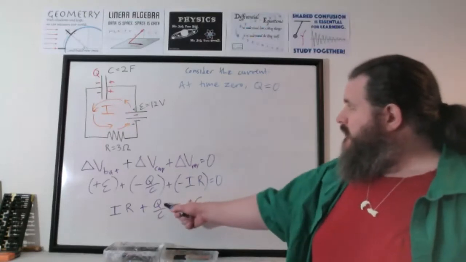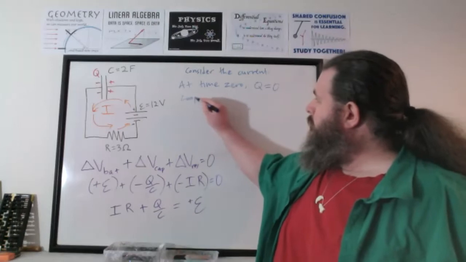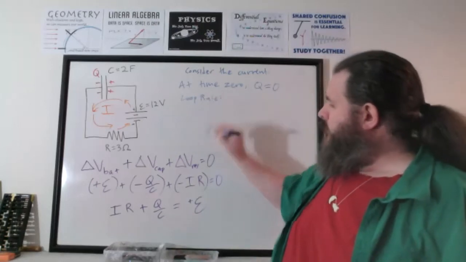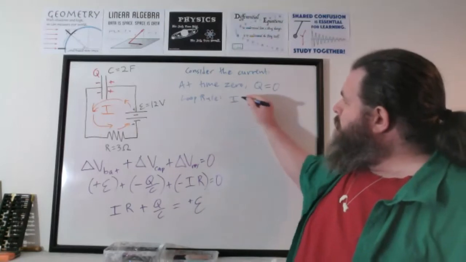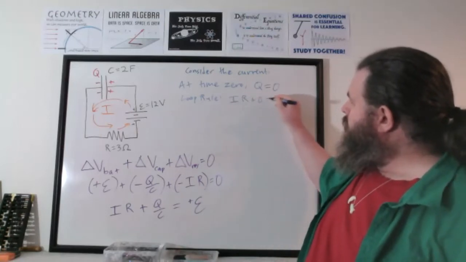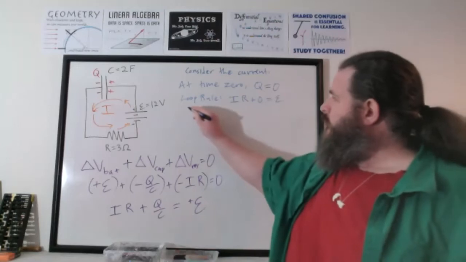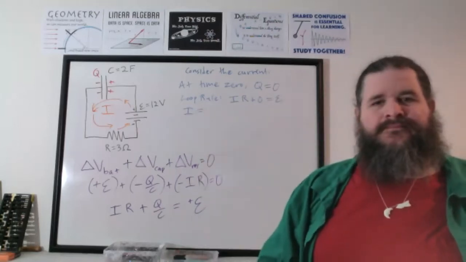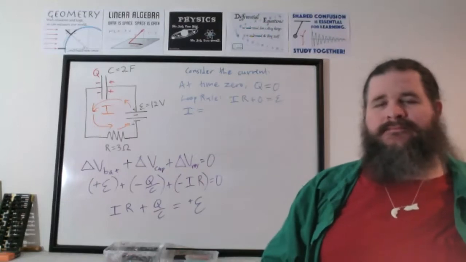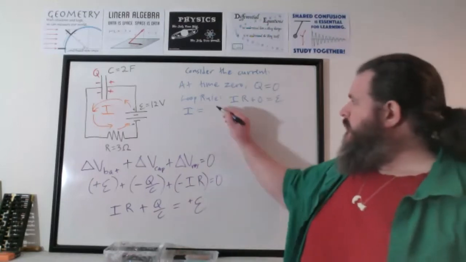So if we fill that into the loop rule, we're going to get IR plus nothing equals epsilon. So if you solve for I, what do you get? Epsilon over R. Yeah.